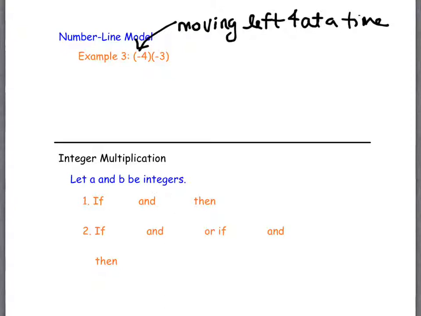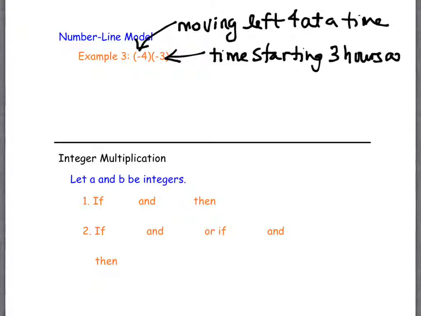You're making these 4-foot jumps left. This part's the part that's awkward. This -3 is at a time starting 3 hours ago. So the fact that it's starting 3 hours ago instead of 3 hours into the future is because it's a negative. It's something happened in the past. You did it 3 hours ago. So the question is actually, where did I start?